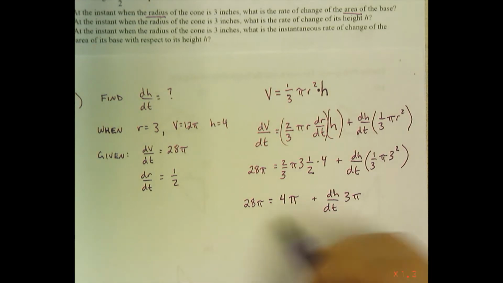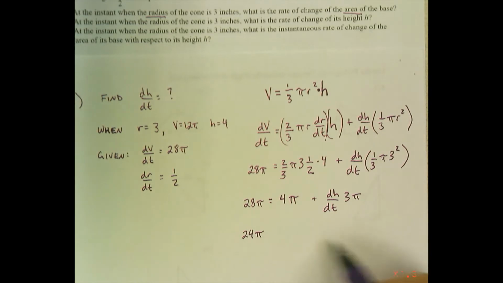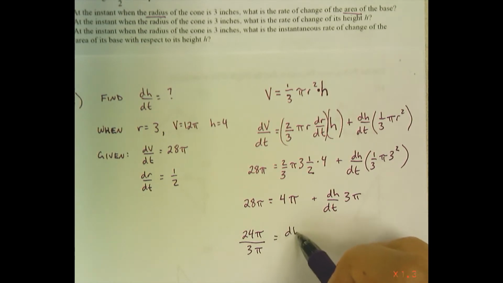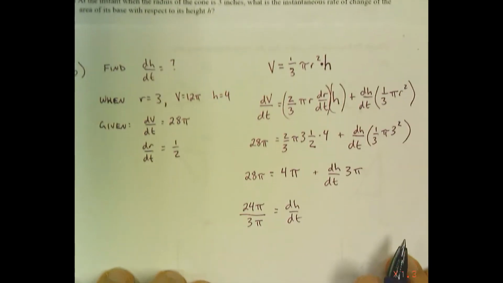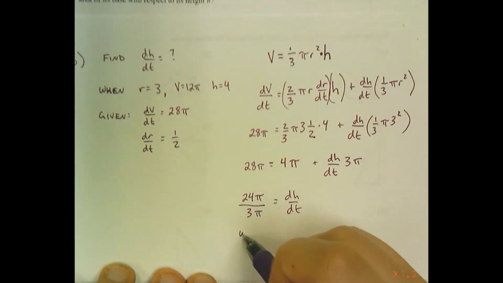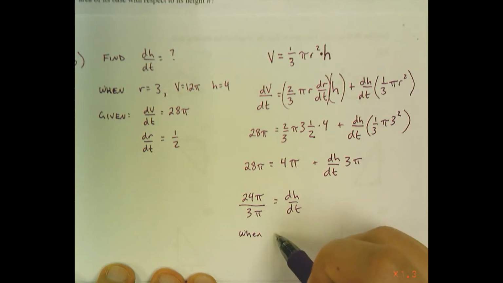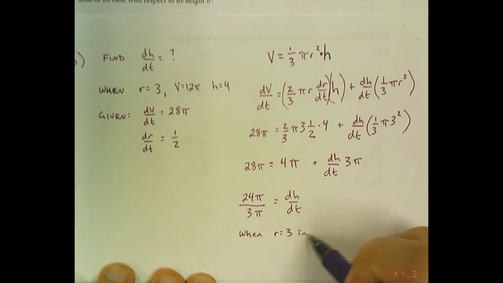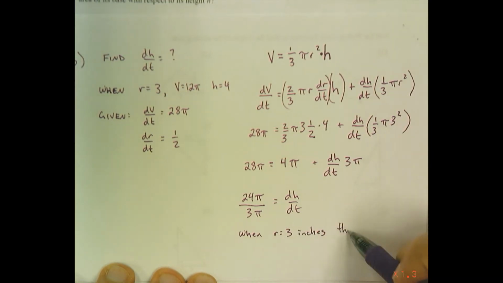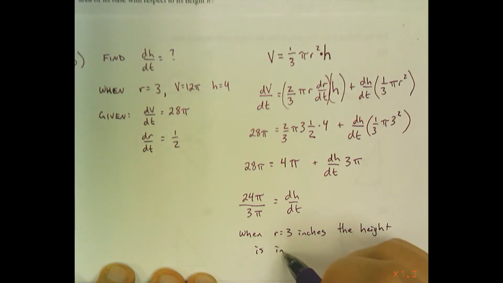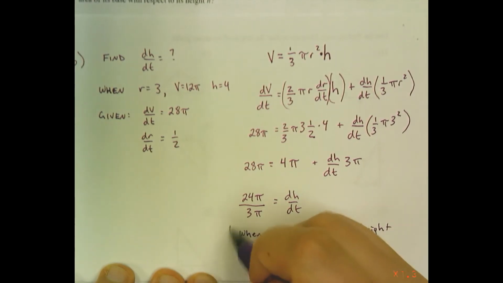And then subtract 4 pi to the left, 24 pi, and divide by 3 pi, is equal to dH dt. Pi's cancel. When r equals 3 inches, the height is increasing 8 inches per second.